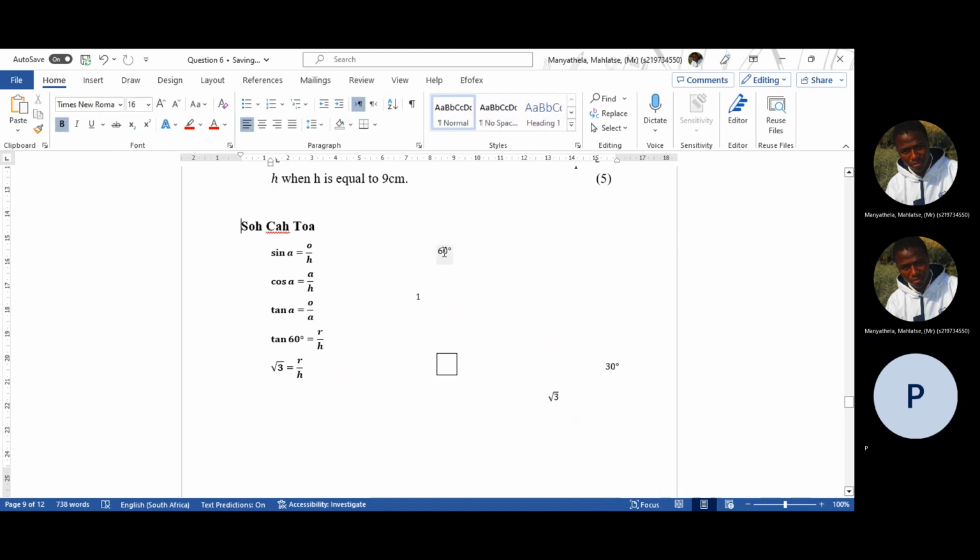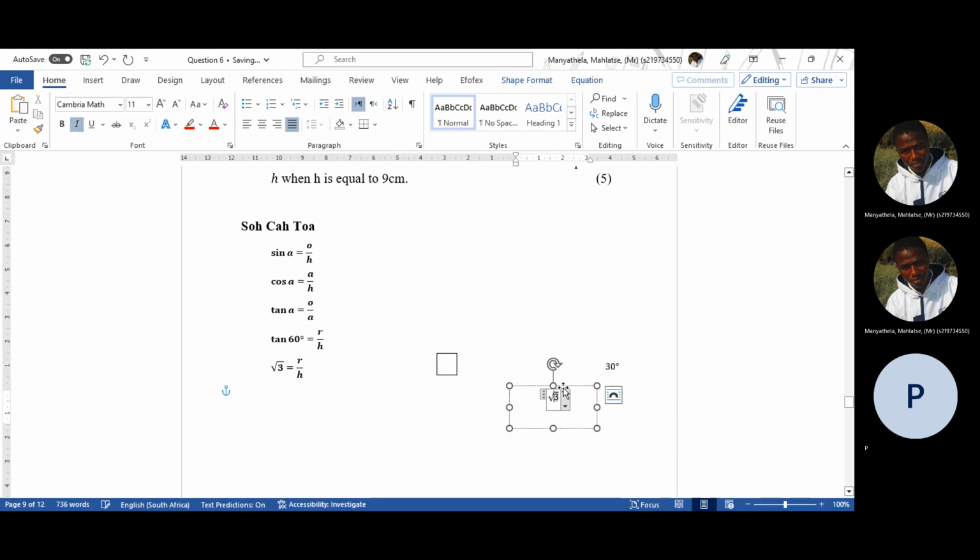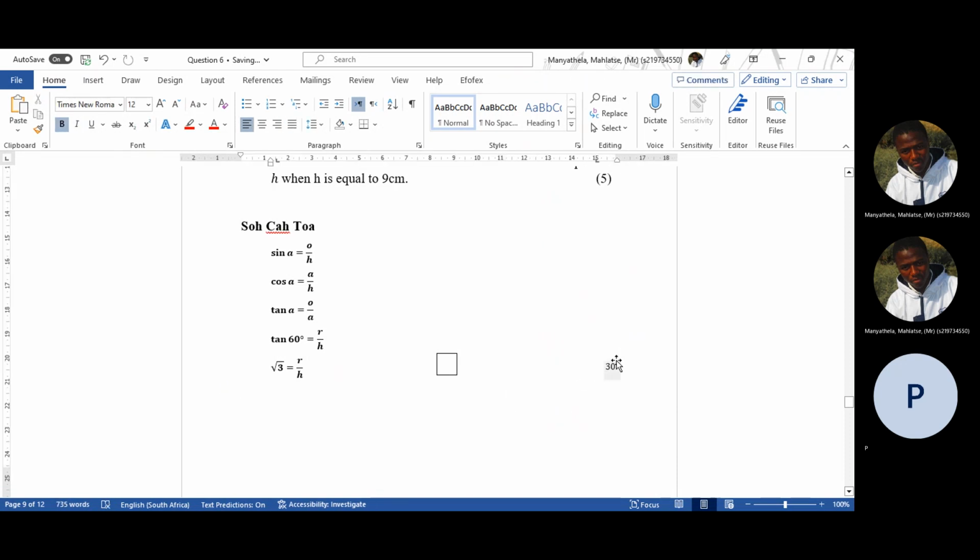So this is where it comes from. And that thing is simple. You can simply do it on your calculator. It will take you straight to the answer. So tan 60 is equal to root 3.